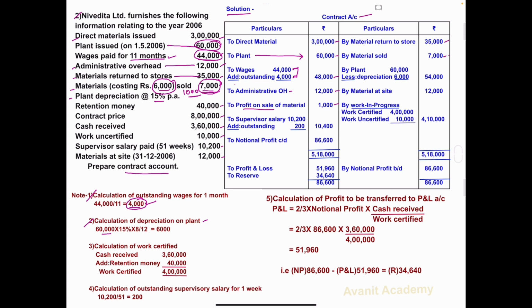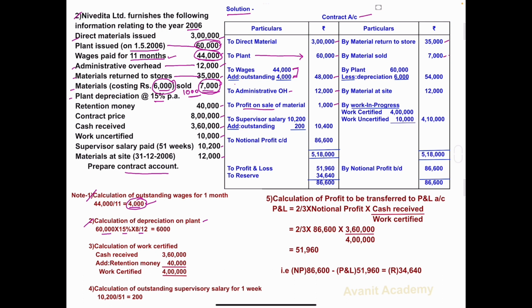So depreciation 15%. We have to calculate the 15% depreciation into 8 by 12. Why we have to take this 8 by 12? Because this plant is issued on 1st May. So this contract is for 1 year.